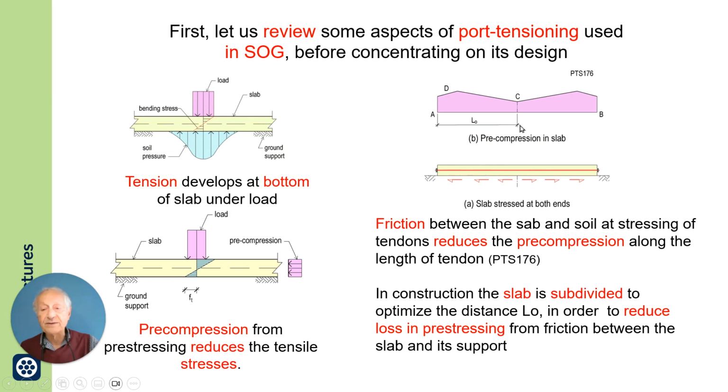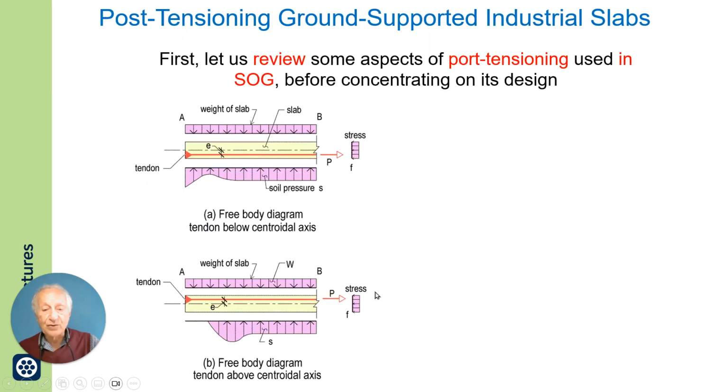By subdivided, I mean the total length is broken into pieces and stressed along the pieces so that you will reduce this length. That is to reduce loss in pre-stressing from friction between the slab and its support.